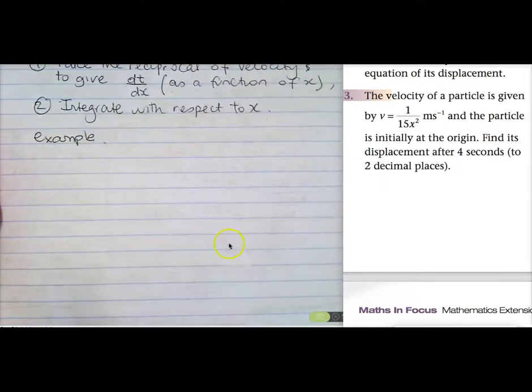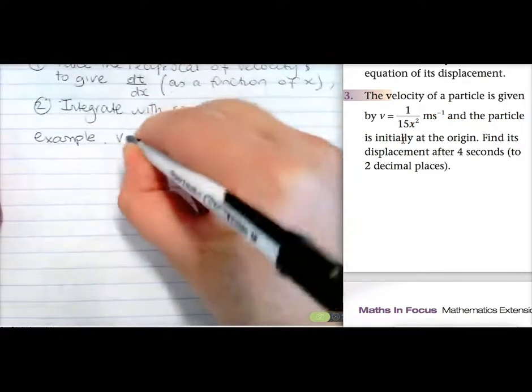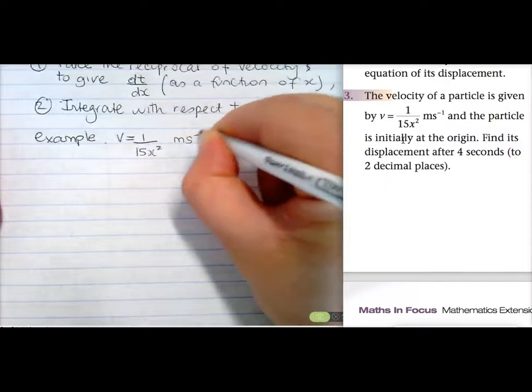See, now that is velocity in terms of x. Can you see the x? It's not velocity equals something t. Velocity is in terms of x there. So we've got that velocity equals 1 over 15x squared meters per second.